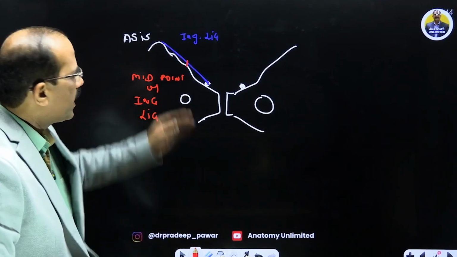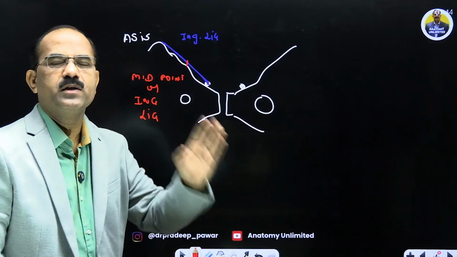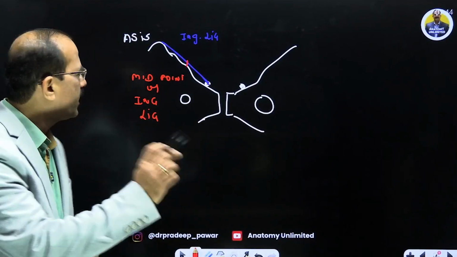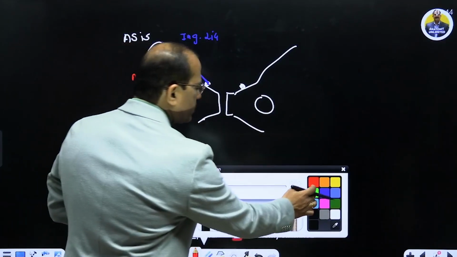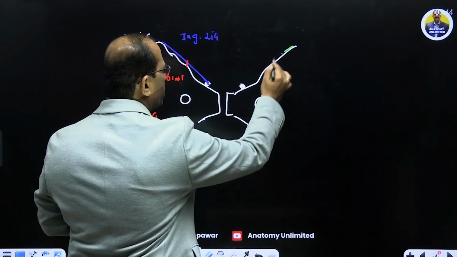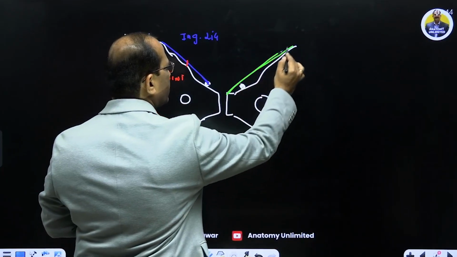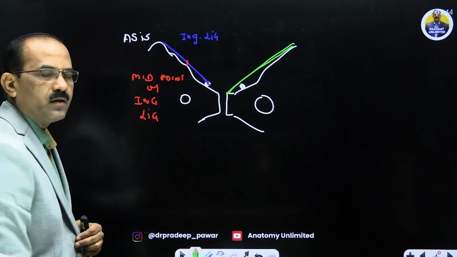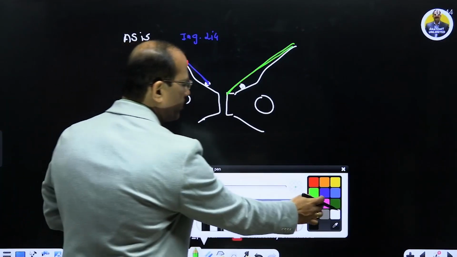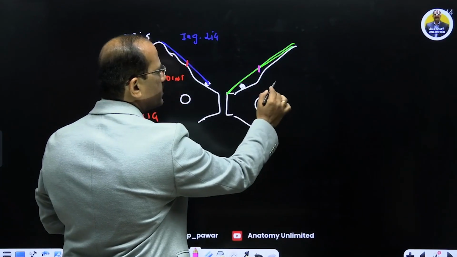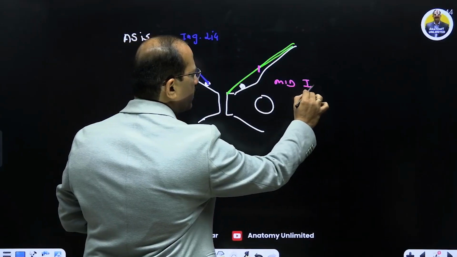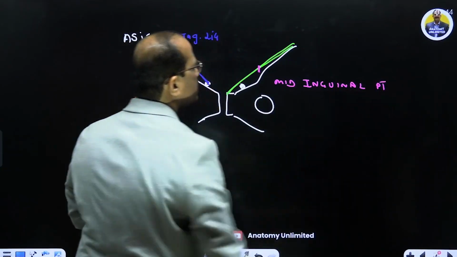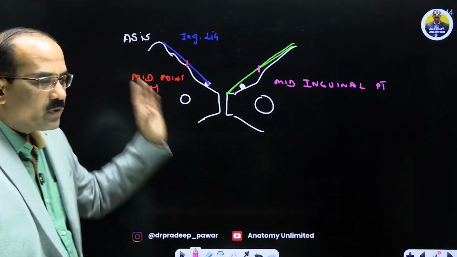समझ में आ रहा है? Anterior superior iliac spine to the pubic tubercle, उसका midpoint is the midpoint of inguinal ligament. And anterior superior iliac spine to the pubic symphysis, इसका midpoint, this is the mid-inguinal point. Fine, that's a mid-inguinal point.